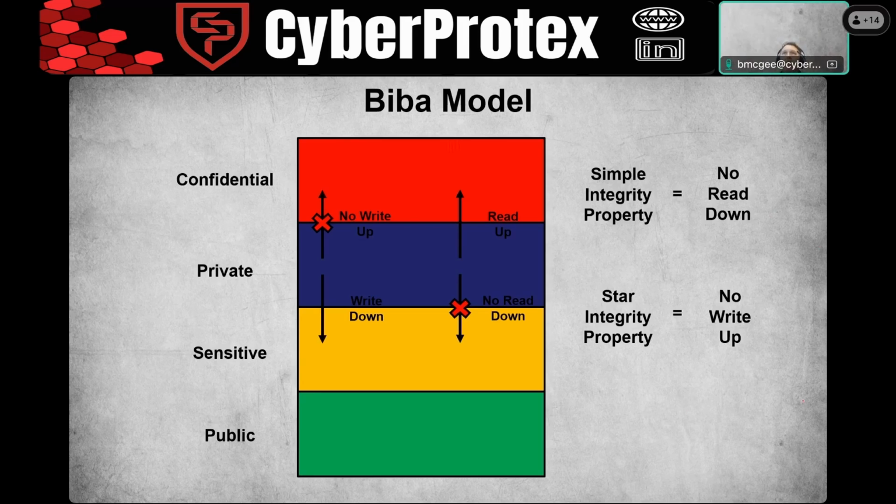So let's look at these different properties right here: the simple integrity property and the strong integrity property. Again, Biba is focused on integrity only. Remember, that's what we were saying earlier. The simple integrity property is that a subject cannot read data at a lower integrity, which means no read down.